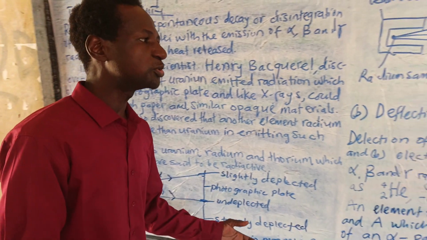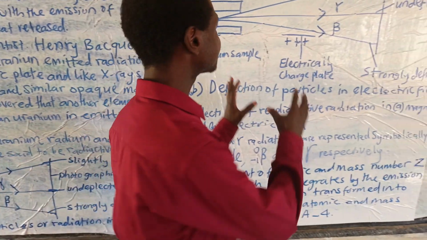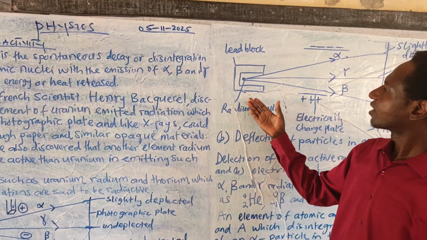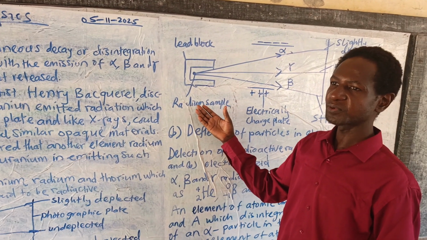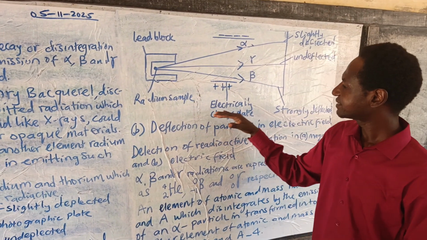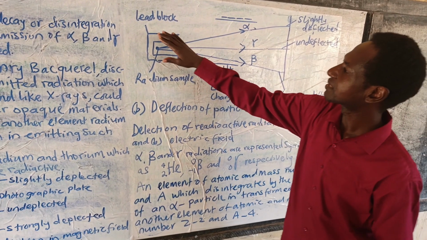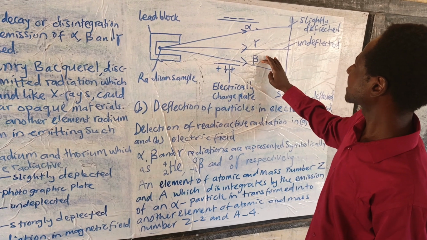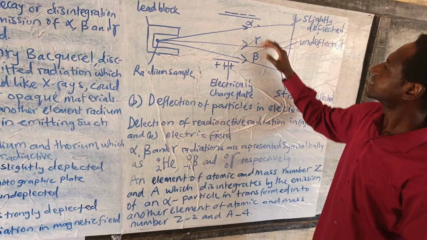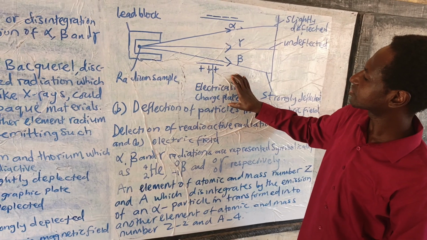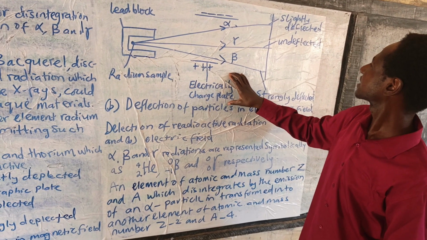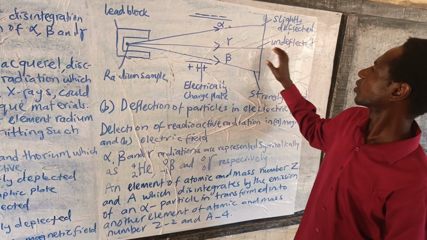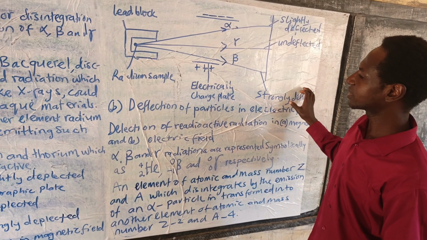When it comes to particles in an electric field, using the radium sample and applying an electric field, this is the lead block. There is alpha, gamma, and beta. This is negatively charged and this is positively charged. So alpha is slightly deflected, gamma is undeflected, and beta is strongly deflected.